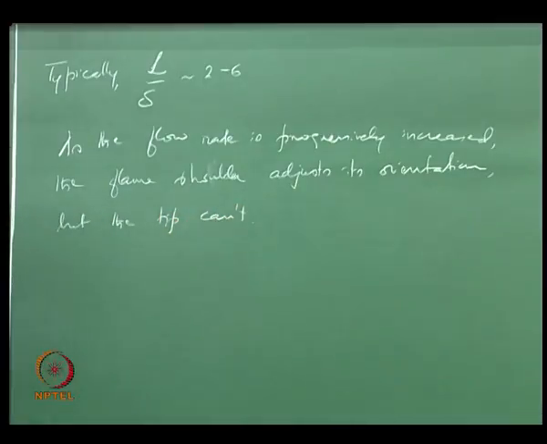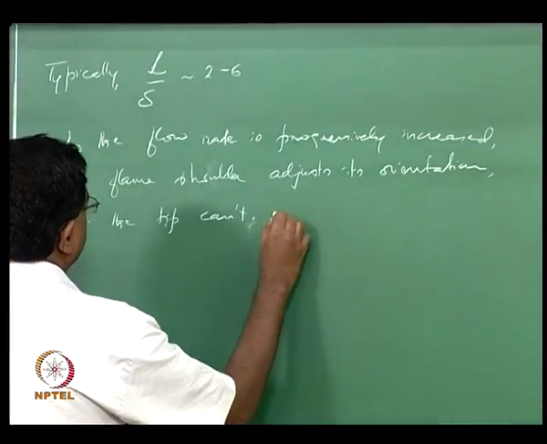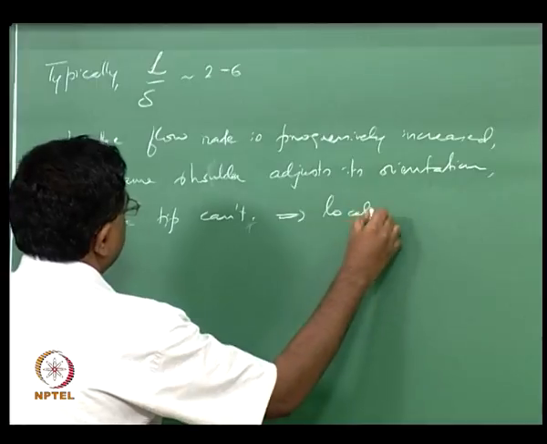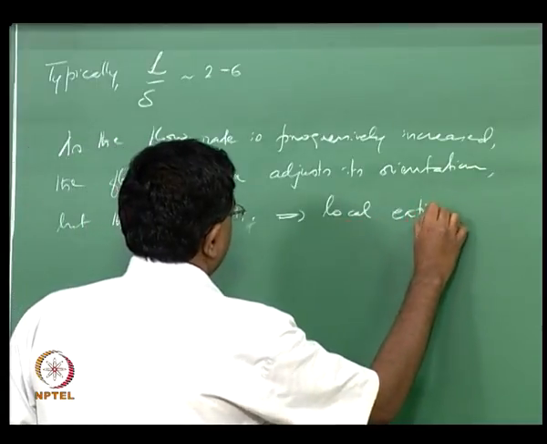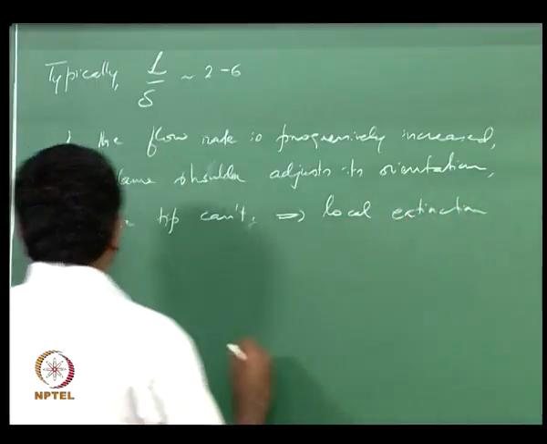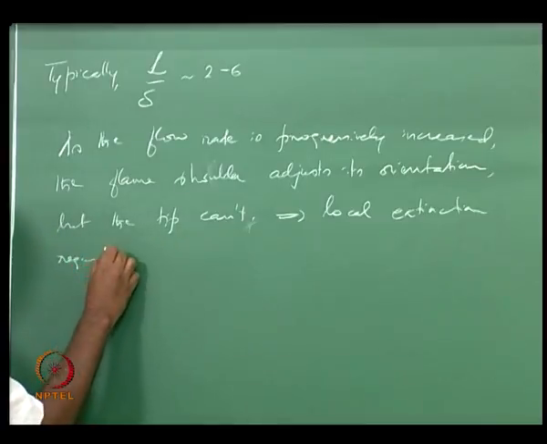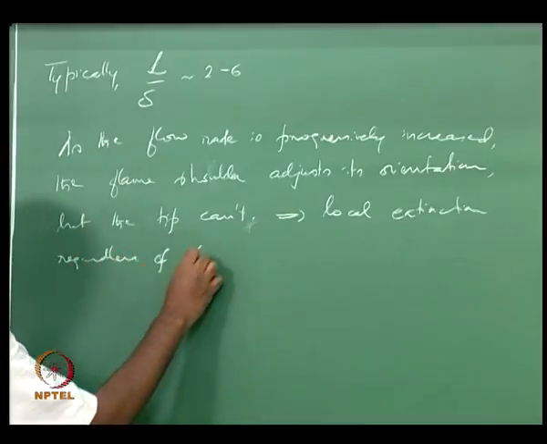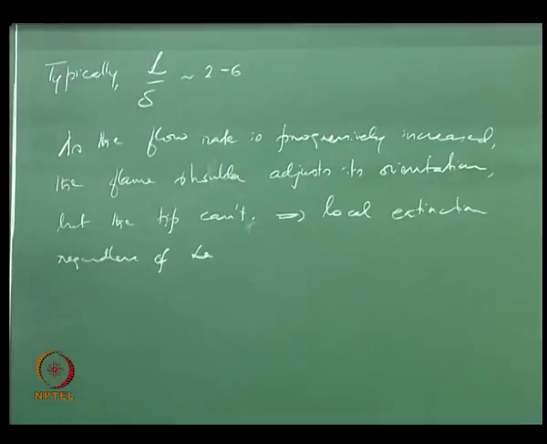The tip always has to stay as the tip. It can't adjust its orientation to the flow velocity. Therefore, this results in local extinction regardless of Lewis number, whether it's greater than 1 or less than 1, and so on.